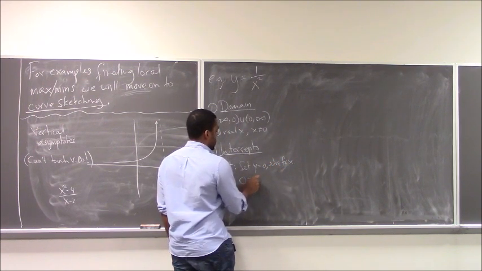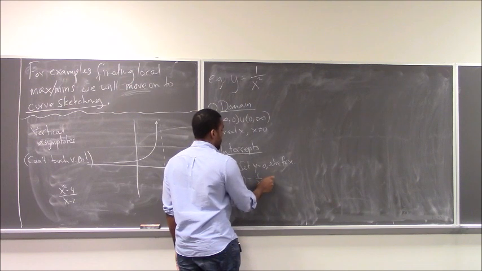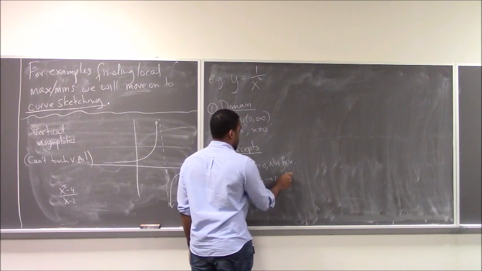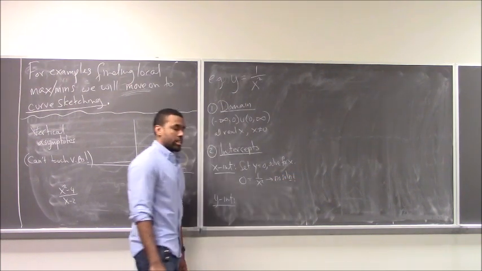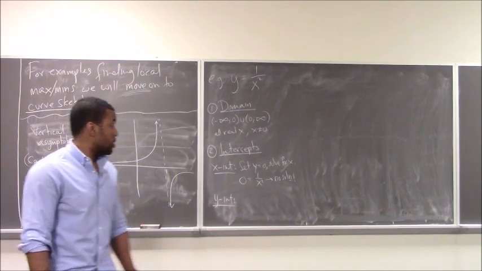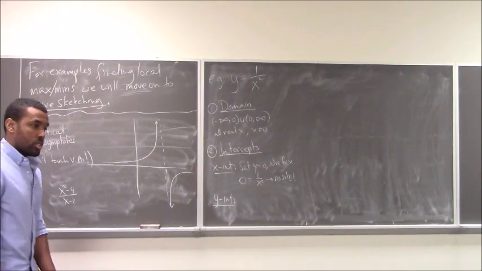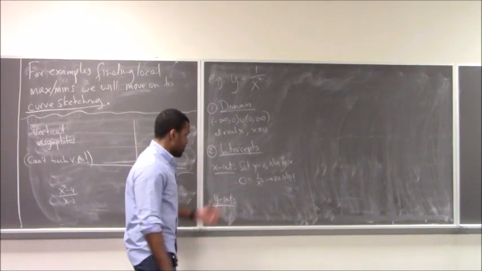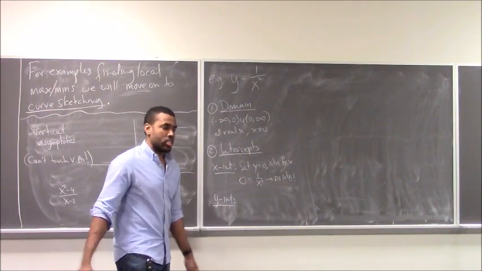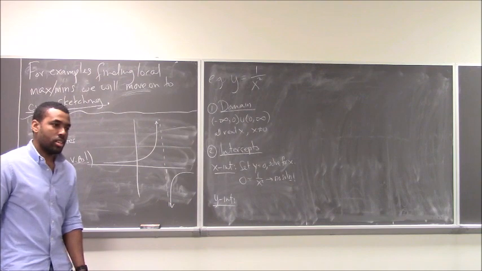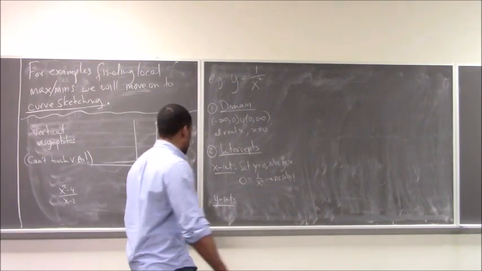So this means that 0 is equal to 1 over x squared. In this case, there is no solution. A fraction can only be 0 if the numerator is 0, and the numerator here is never 0. You can also realize that if I multiply both sides by x squared, I get 0 equals 1, which is obviously nonsense, so there is no solution to that equation.